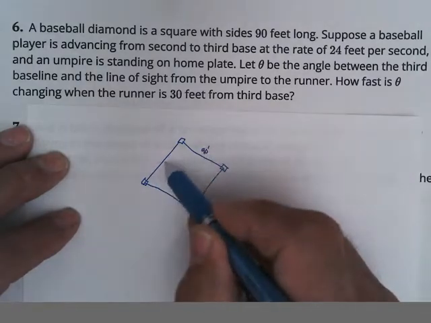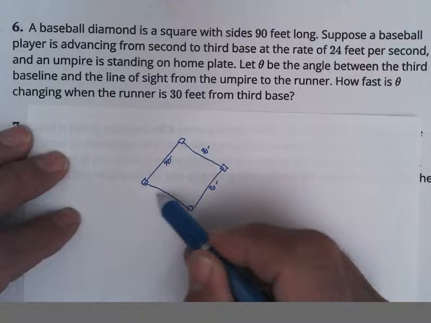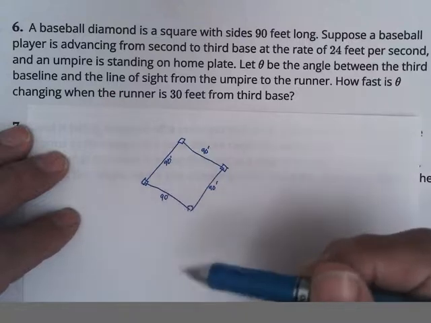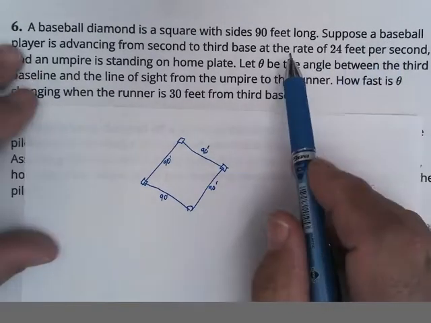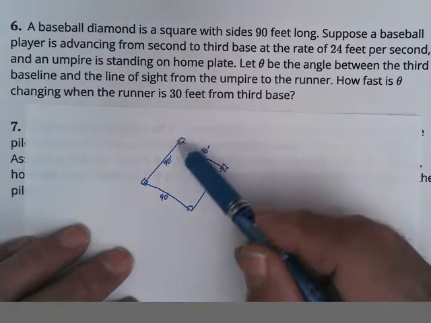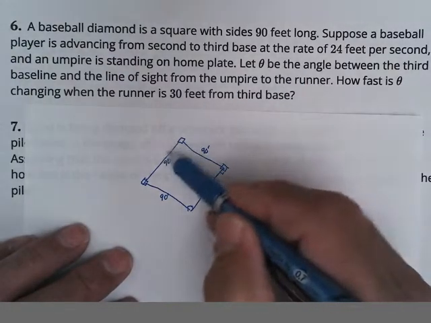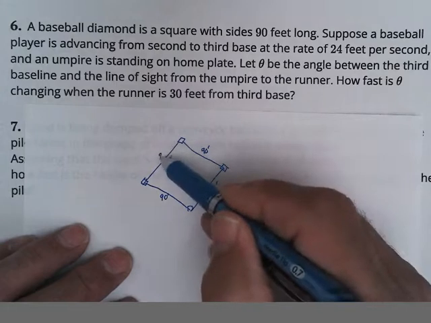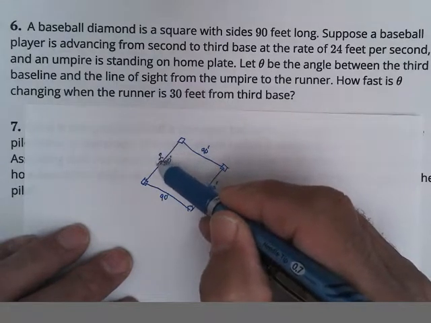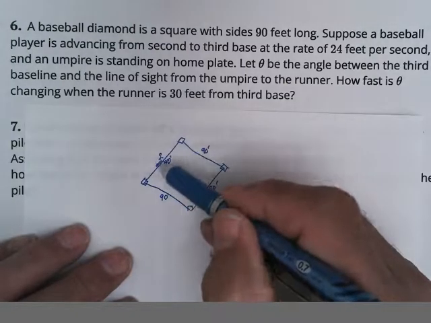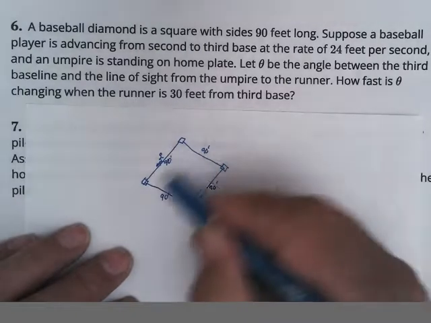That doesn't change, so we can put that on there. Suppose a baseball player is advancing from second to third at a rate... So we've got this person running down the line this way towards third at a rate of, so we need an X on this.